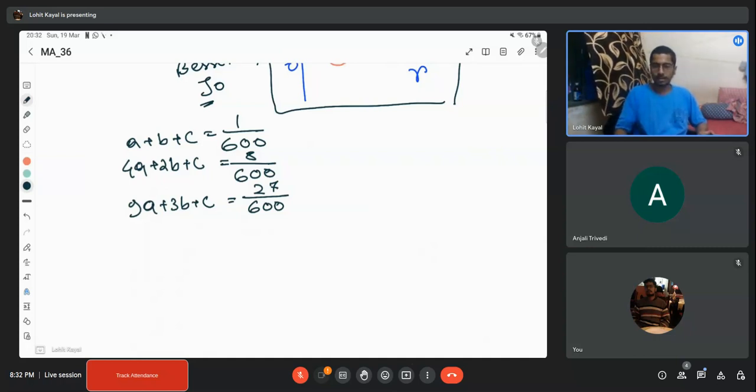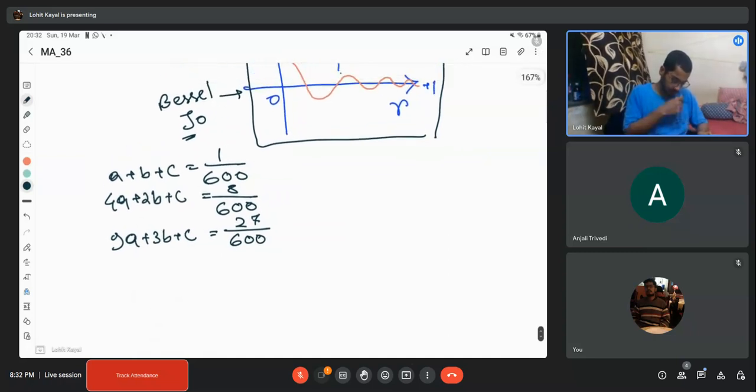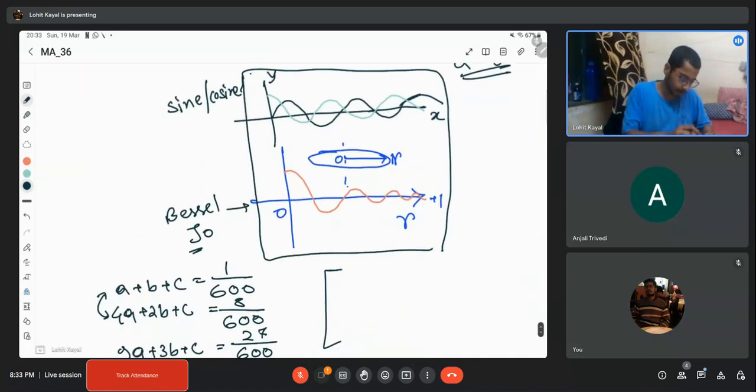Okay, so these three are the equations. So how to proceed? Just a second, let's calculate it online. So I can write a matrix equation like this.